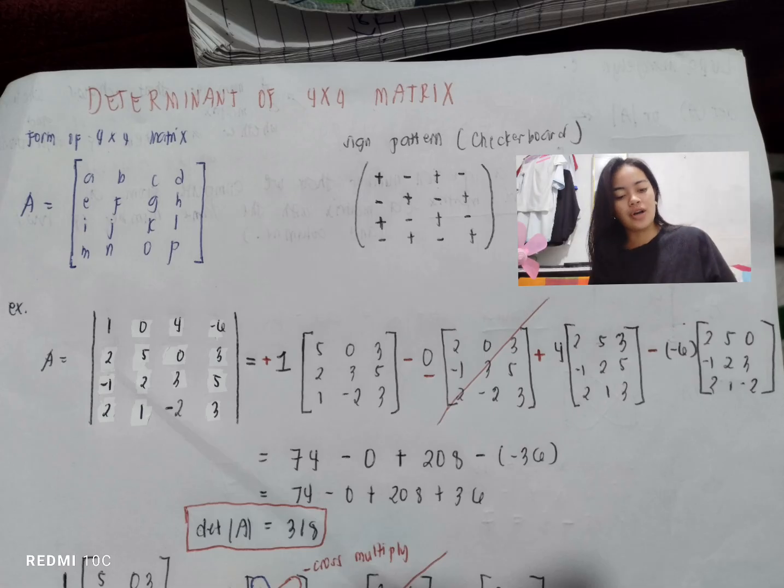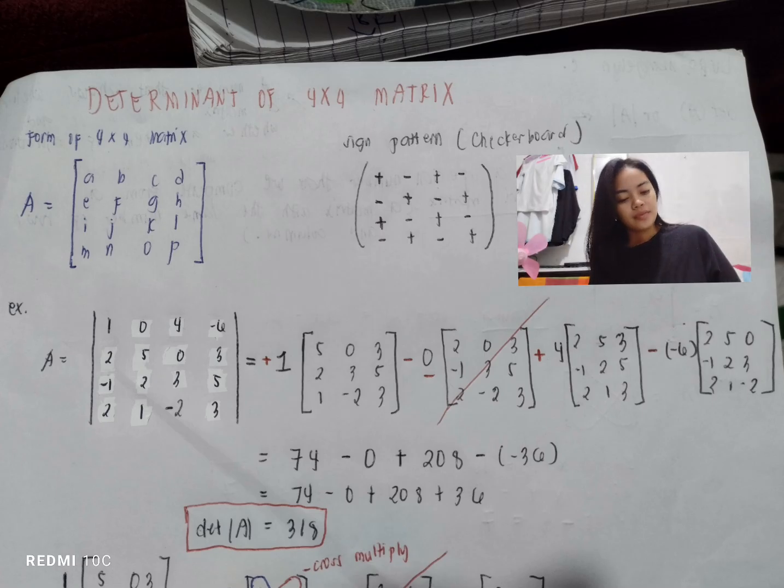Now, let's go back to the upper part. We just need to input the answers. So, we have here 74 minus 0 plus 208 minus negative 36. Minus, because that is the operation that we need to use.